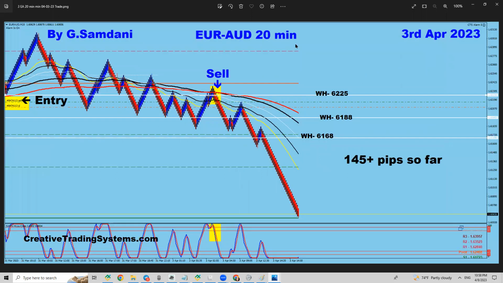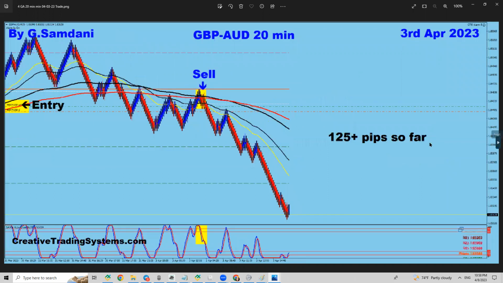Okay, EUR-AUD 20-minute short. All the entries you can see on the left-hand side with the yellow mark here. Sell order, and SL is moved to break even plus. And it is for 145 pip all the way down. Yeah, boom, big time. Similarly, Aussie was getting strong, so pound Euro Aussie went down, pound Aussie went down at the same time for 125 pip.